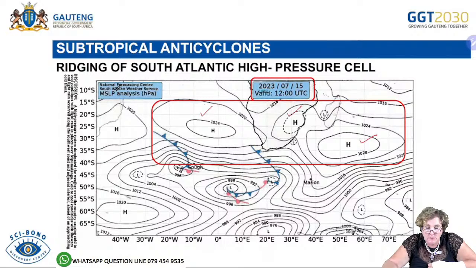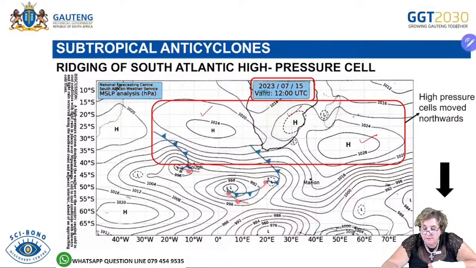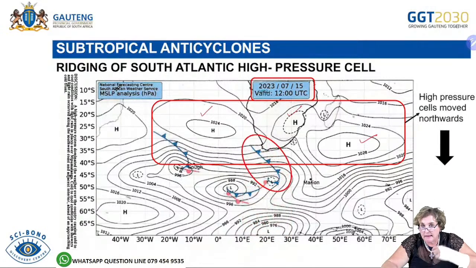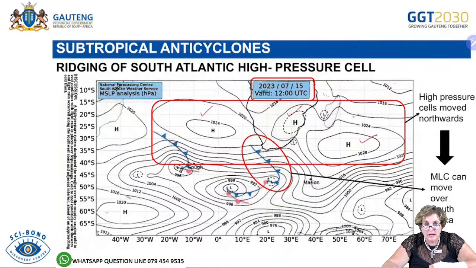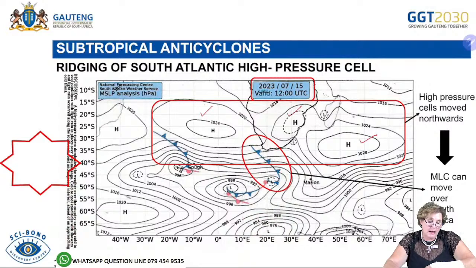It has moved north. That is because of the ITCZ that has moved north. Now I can see my mid-latitude cyclones can move over South Africa. And I know it is winter conditions.